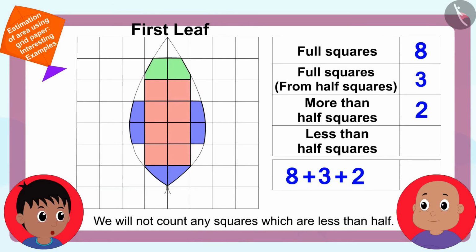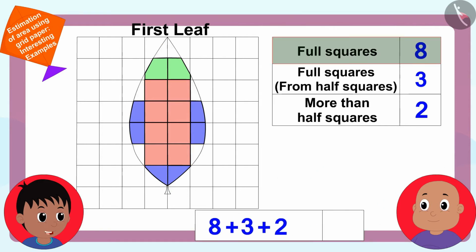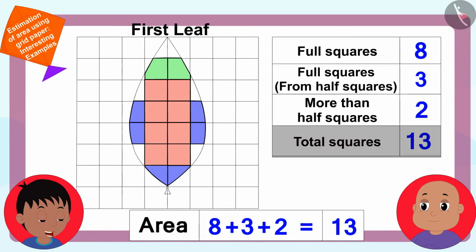We will not count any squares which are less than half. Now look, Bablu. The area of the first leaf has a total of 8 plus 3 plus 2 or 13 squares. In other words, there are 13 squares in the area of the first leaf.